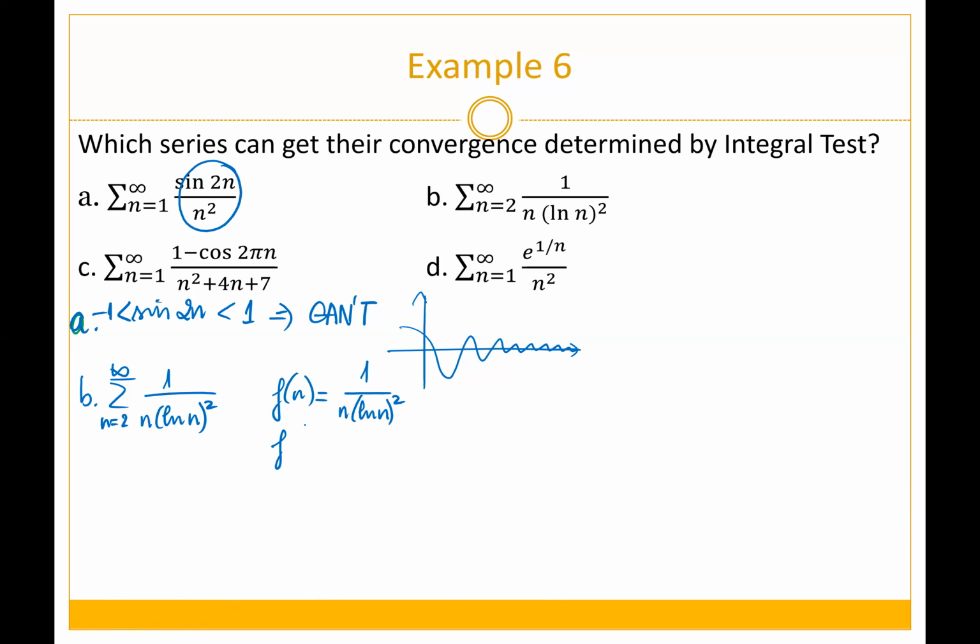And if you try to find this derivative, this is going to be kind of a massive one. But sure, we can do negative ln of n squared, negative n, and 2 ln of n, 1 over n. But these things are going to cancel out.